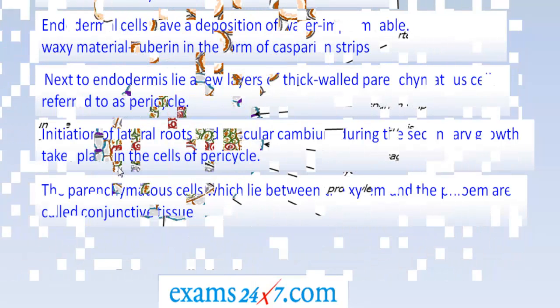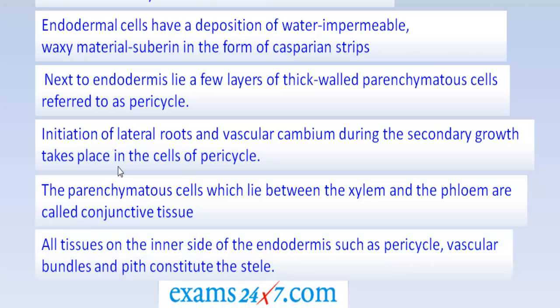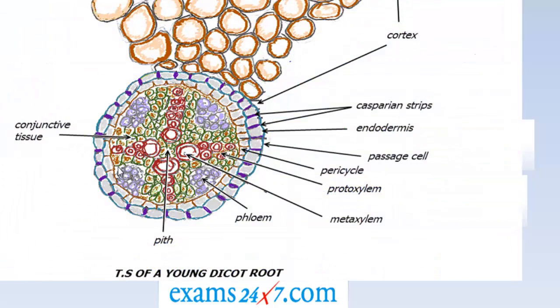stele. Within the stele of the dicot root, we find generally 4 xylem bundles alternating with 4 patches of phloem tissue. The xylem is unique, with the metaxylem facing the pith and protoxylem facing the periphery.